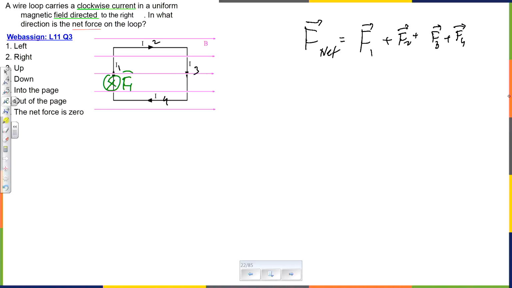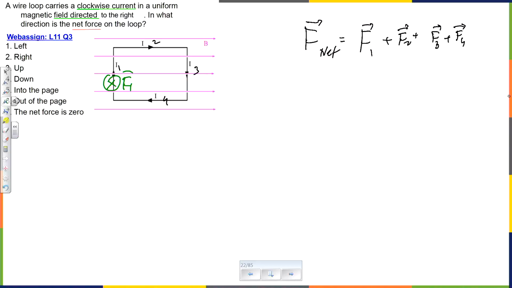Now what we can do, again, current, field, but now current is not... I can't use my right hand for wire number 2, can I? No, I can't. What does it mean?